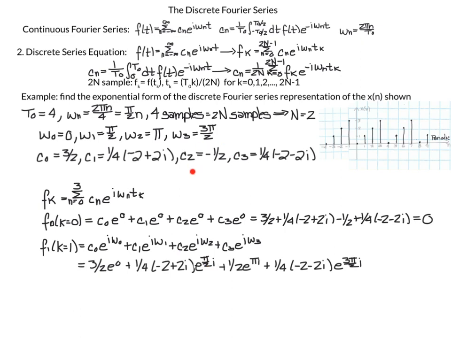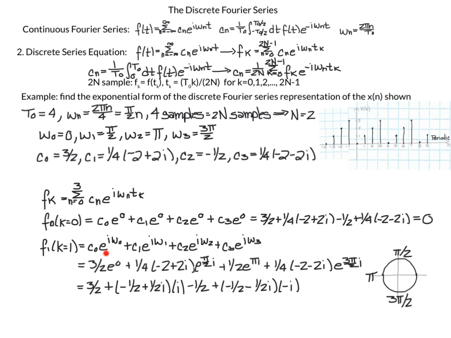Plus my c2 constant is minus 1/2. You'll see why I put the minus here, I hope. e to the i omega 2, which is just pi, so e to the pi i. So maybe this needs to be a minus sign. Let's look at that later. Plus our c3 is 1/4 times minus 2 minus 2i, e to the i omega 3, which is 3 pi over 2 i.